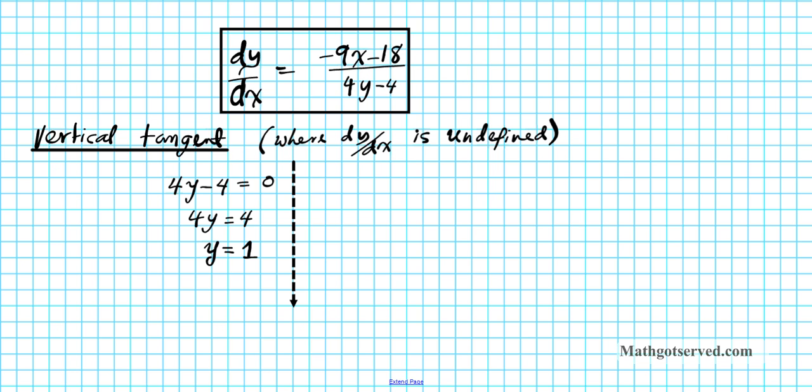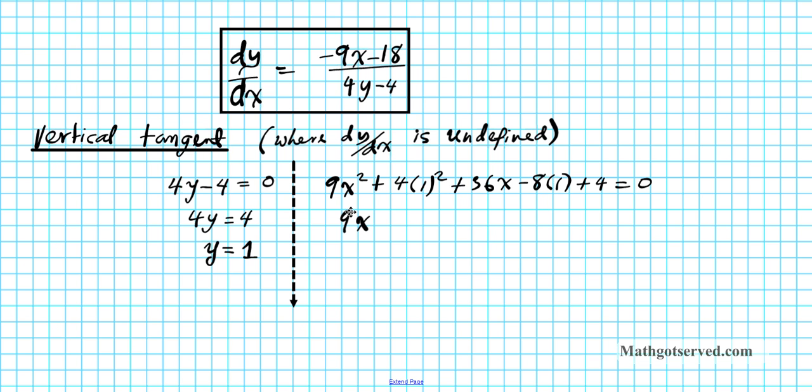We're going to have 9x squared plus 4 times 1 squared plus 36x minus 8 times 1 plus 4 equals 0. If we simplify this, we'll have a quadratic equation.